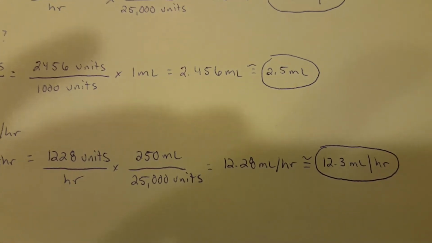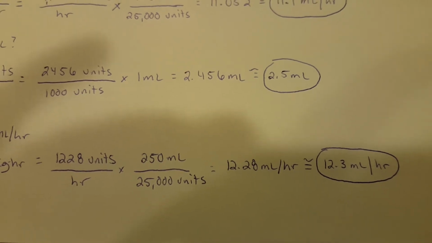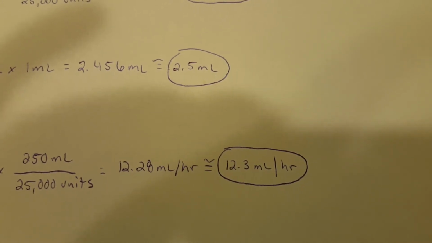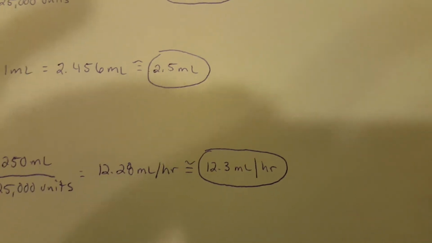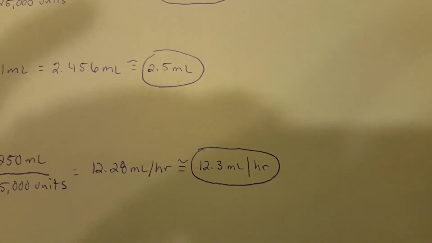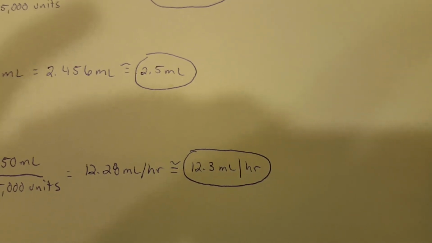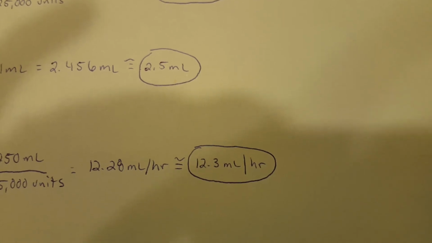Remember, that's connected to the IV and being constantly infused, so we just want to know what to reset the pump to. We're going to reset it to 12.28 milliliters per hour, rounded to 12.3 milliliters per hour. I do realize that in reality, you may not be able to have a decimal in your infusion pump, but as far as the calculations are concerned and following rounding rules, that's why we get this answer.